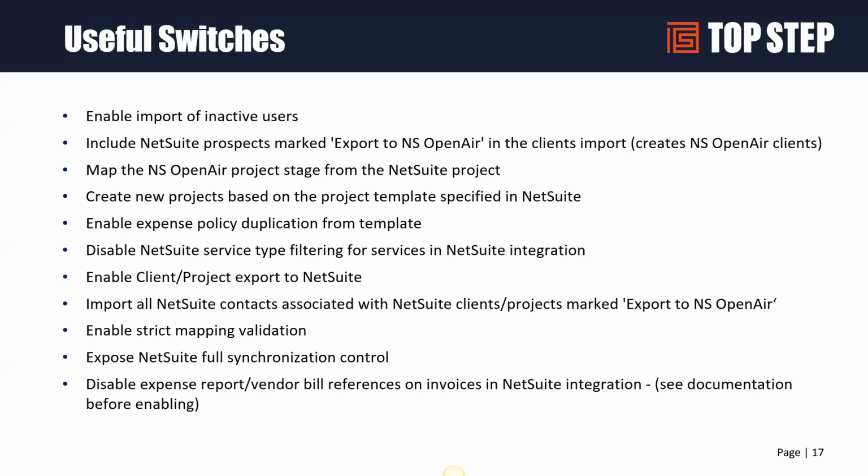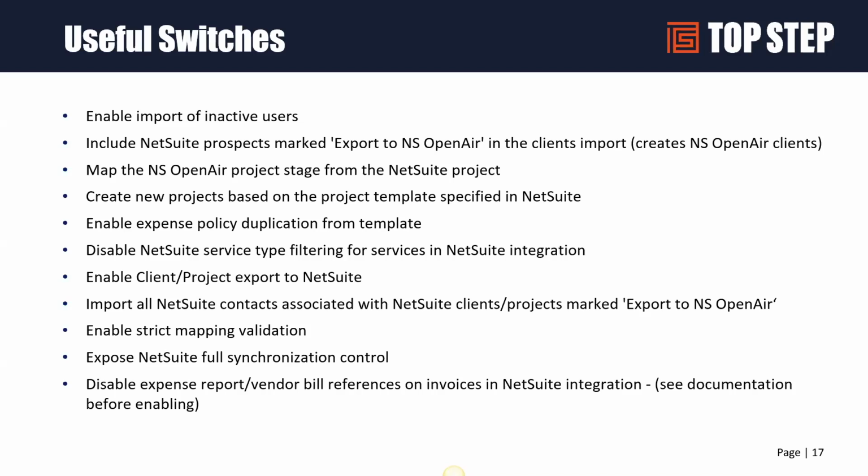Disabling service type filtering. What this means is that in general, the integration was built to handle service for sale or service for resale. So in NetSuite, when you set up your items and identify them as a service item, and mark them as a service for sale or a service for resale, and mark those as export to OpenAir, then those flow in great.